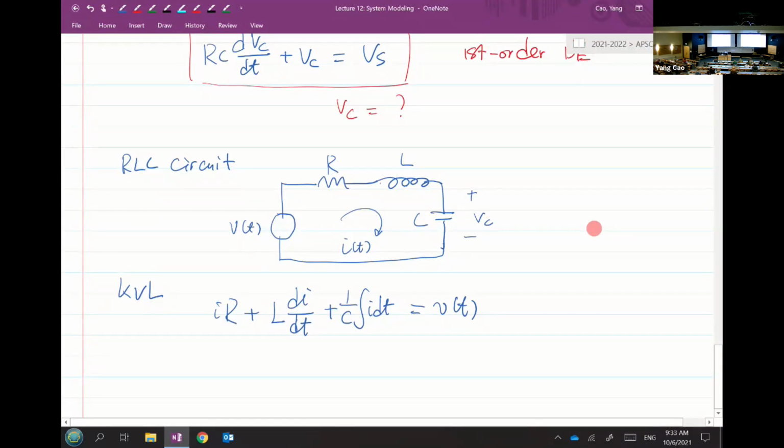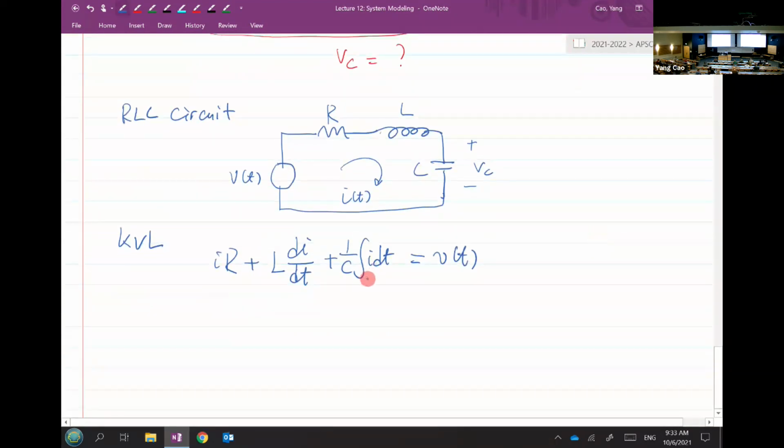All right, so we got an equation. This equation relates the input V and the current I as a differential equation. This is probably not what we want. In this case we want a relationship between the voltage V and Vc.